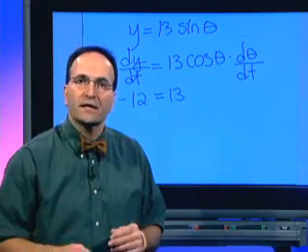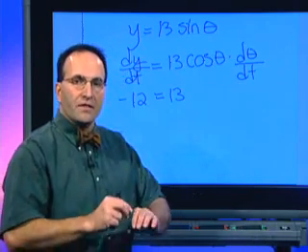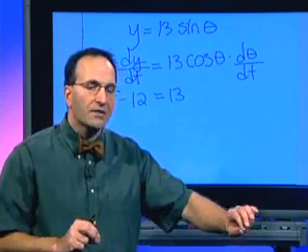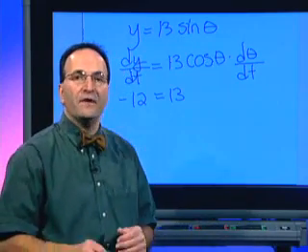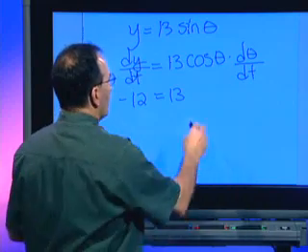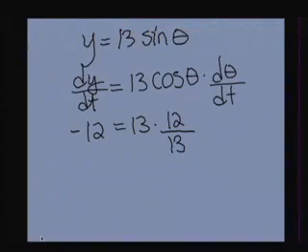Then when I was drawing the picture of the ladder, I talked about the fact that cosine theta would be the ground length over the hypotenuse, and the ground length, it's 12 feet from the wall, so that's 12 over 13, which is the hypotenuse, the length of the ladder. And then d theta dt.